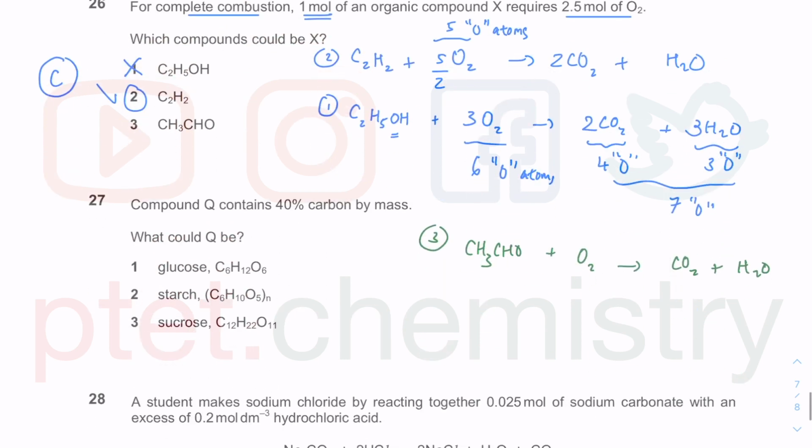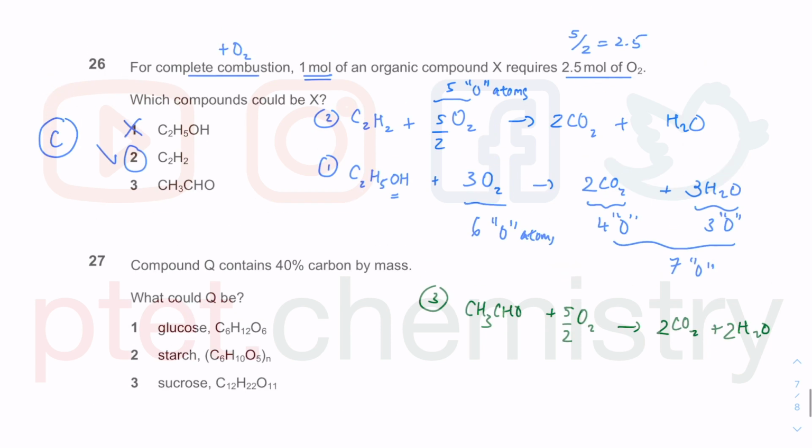So there's 2 carbon, so this will be 2 CO2, and there's 3 plus 1, which is 4 hydrogen atoms, so I need 2 H2O. Now totaling up the oxygen on the right hand side, 2 times 2 is 4, 2 times 1 is 2, so 4 plus 2 is 6. 6 minus 1 oxygen, this means there's 5 oxygen atoms there, and therefore you need 5 over 2, which is equivalent to 2.5 mole of oxygen. That's why option 3 is also correct.